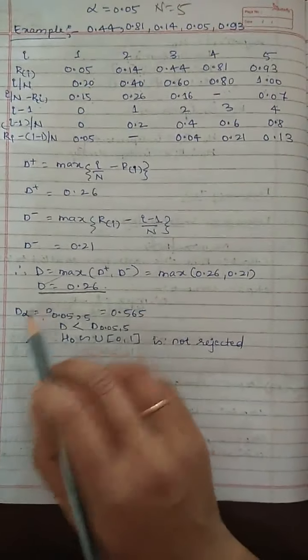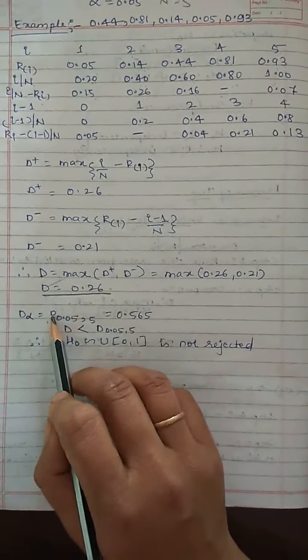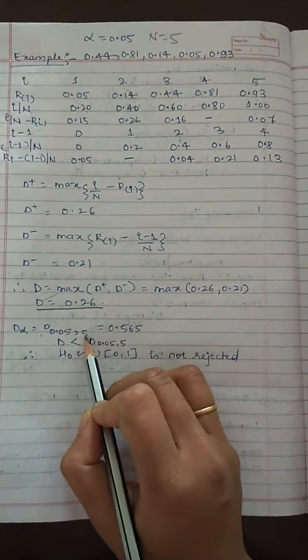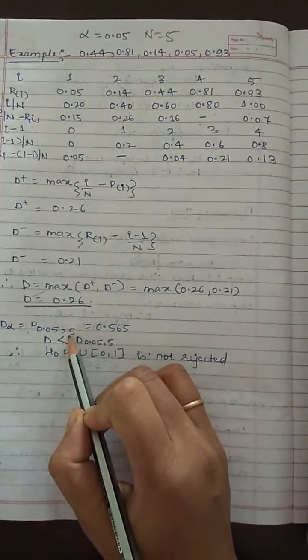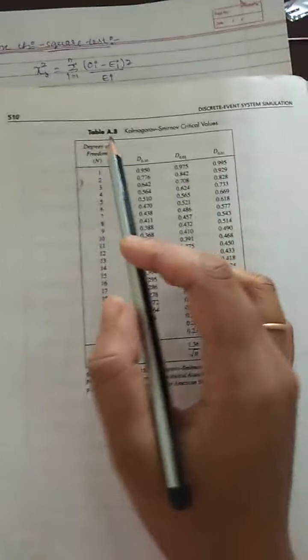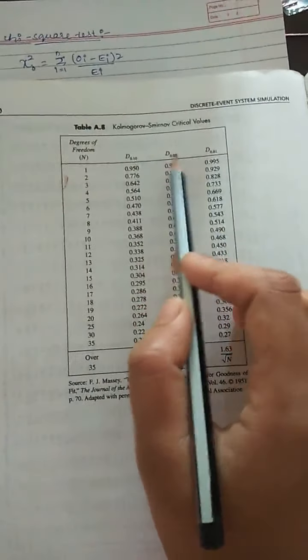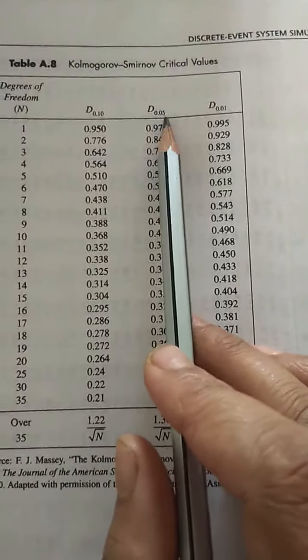Next, this is the theoretical or sample value. Critical value D alpha. What is D alpha? 0.05. It is already given here. Alpha value 0.05, comma n. n is equal to 5 here. So, at the end of the table in the appendix of the textbook in A.8, Kolmogorov-Smirnov critical values for D, see here, D of 0.05 comma 5.